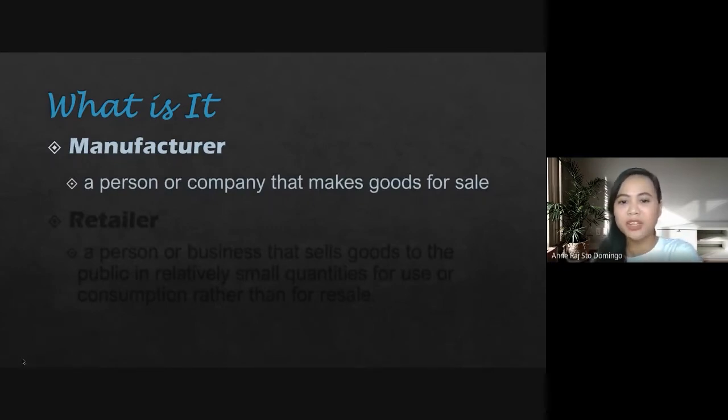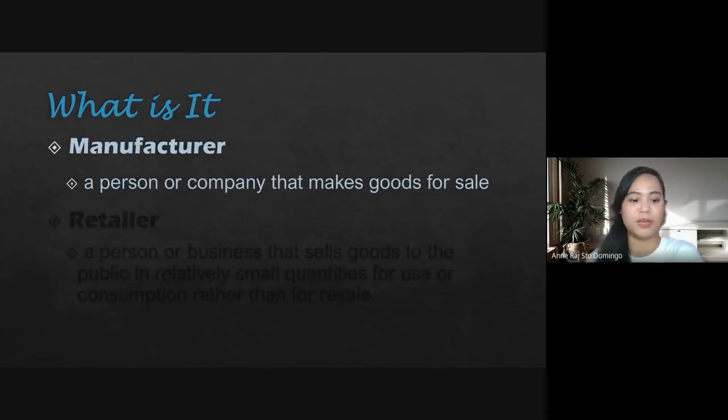So, ano yung other term na naririnig nyo sa manufacturer? Yung manufacturer, sila din ay tinatawag na yung nagdi-distributes, nagpo-provide ng mga goods. So, sila din yung tinatawag ng ibang mga business na supplier. So, sila yung nagpo-provide sa mga maliliit na nagbebenta.